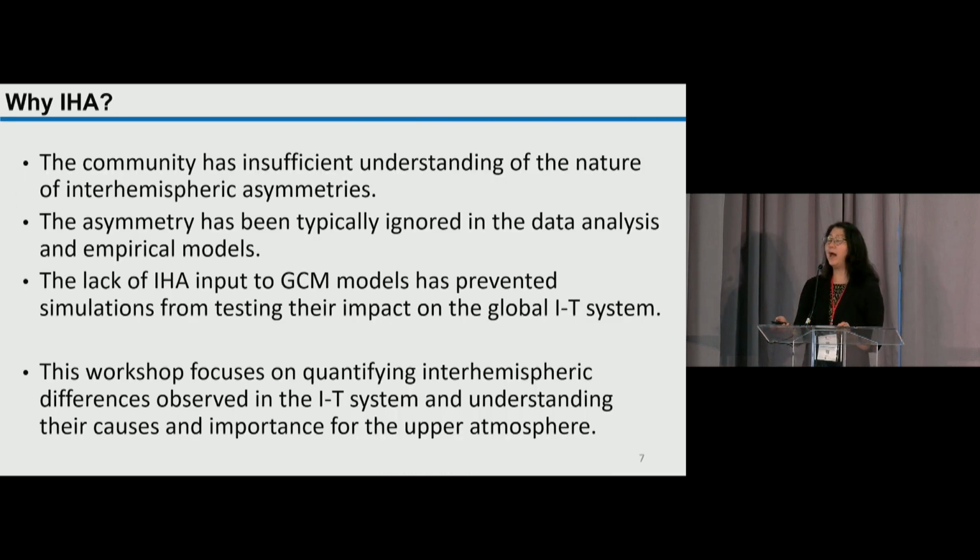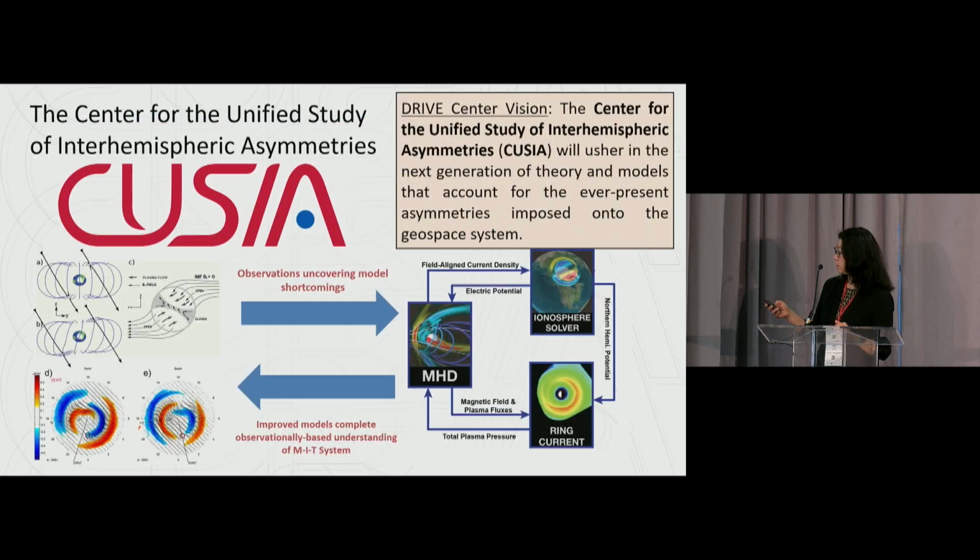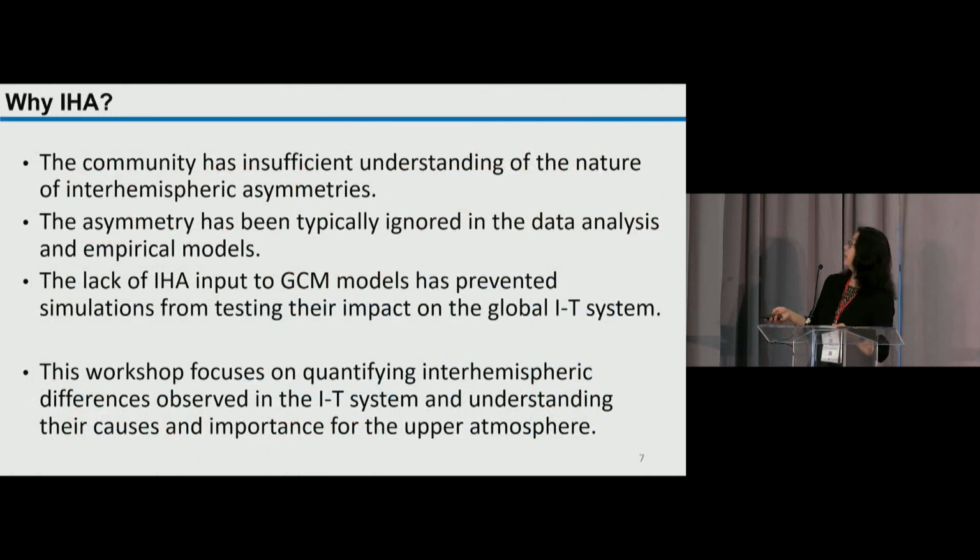Why are we here? Why should we study the asymmetry? Well, this topic has been acknowledged a lot by the community, but we don't think we really have sufficient understanding of the nature of the interhemispheric asymmetry yet.